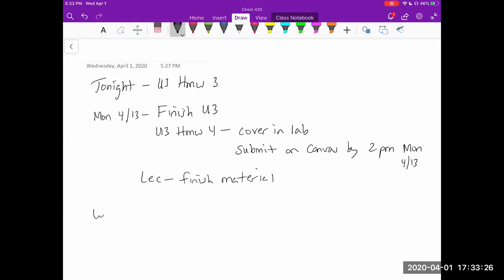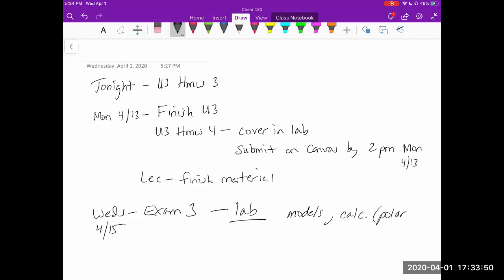Then Wednesday is exam 3, and that's going to be a lab exam, on Wednesday the 15th. You'll need to have models, assuming you've used them, which are very helpful. And also a calculator because of the polarimetry questions.